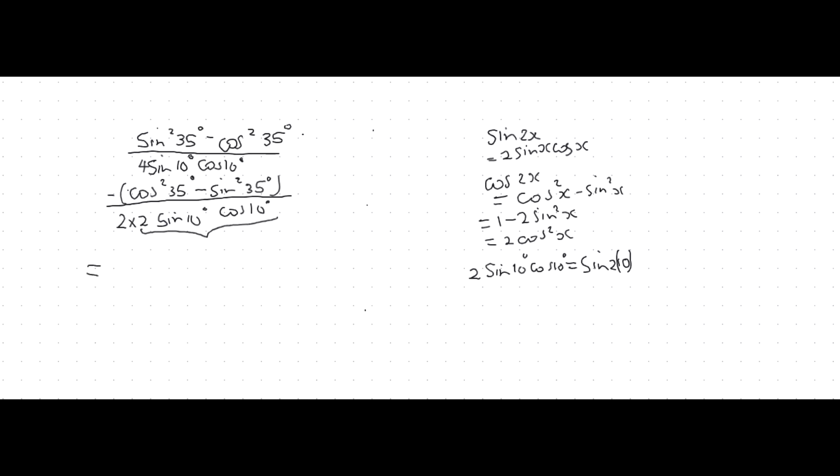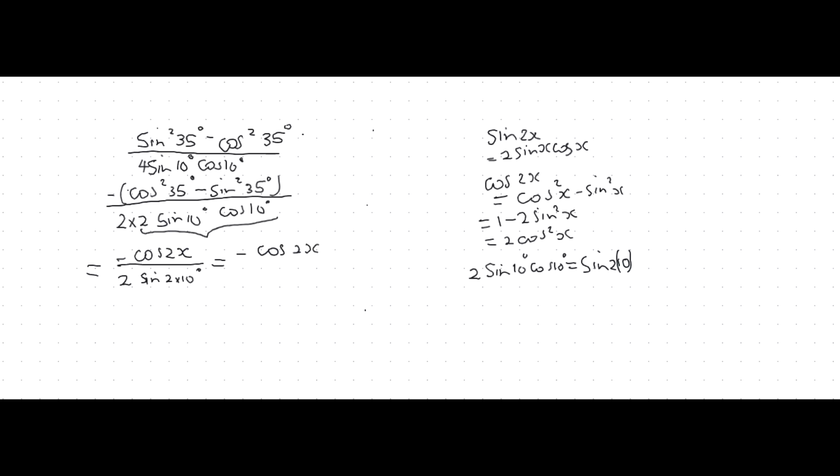So the numerator, I find myself having a cos 2x. So I can just replace it, cos 2x divided by, then since I am replacing it with sine 20 degrees, 2 times 10 degrees. So I am going to end up with minus cos 2x.